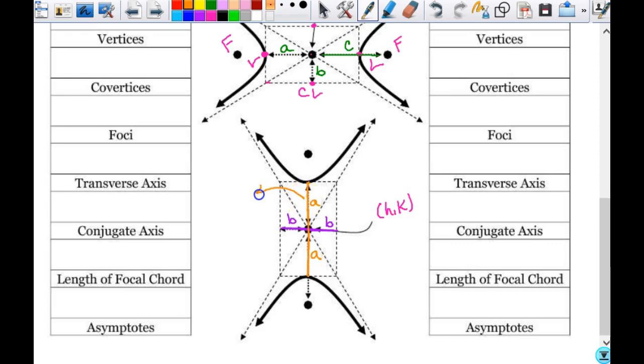This one that is the 2a is called the transverse axis. Okay? Trans meaning going across or through, so that's the one that would actually be touching your hyperbola. So transverse axis, and then this one is the conjugate axis.